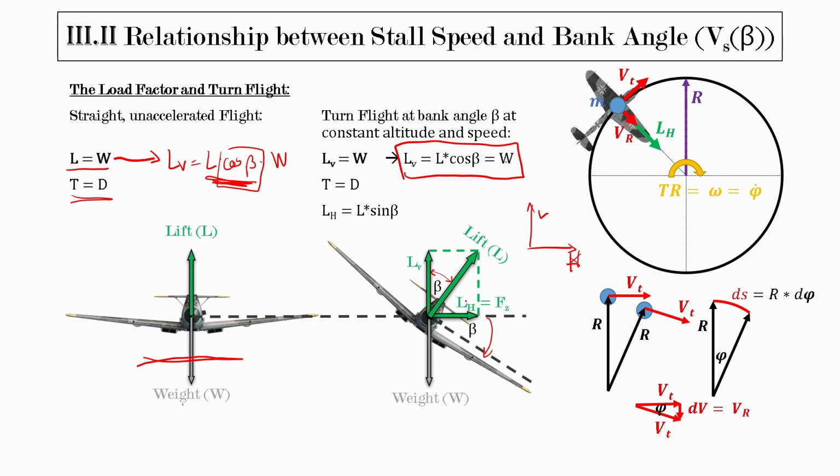Technically, this horizontal lift component is our centripetal force. This is the force that's pulling us around this turn.